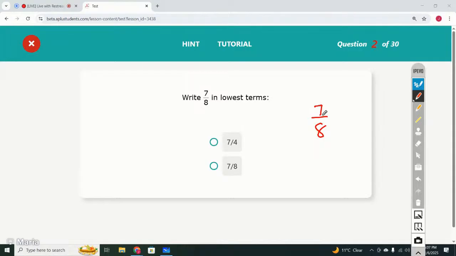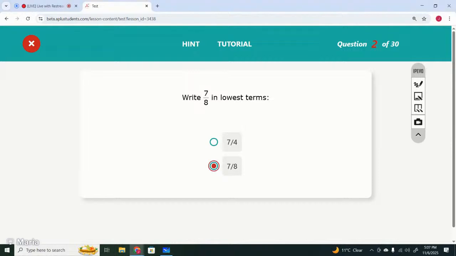That means we do not have any common number that can divide both 7 and 8. That is 7 over 8. Option number 2 is the correct option.